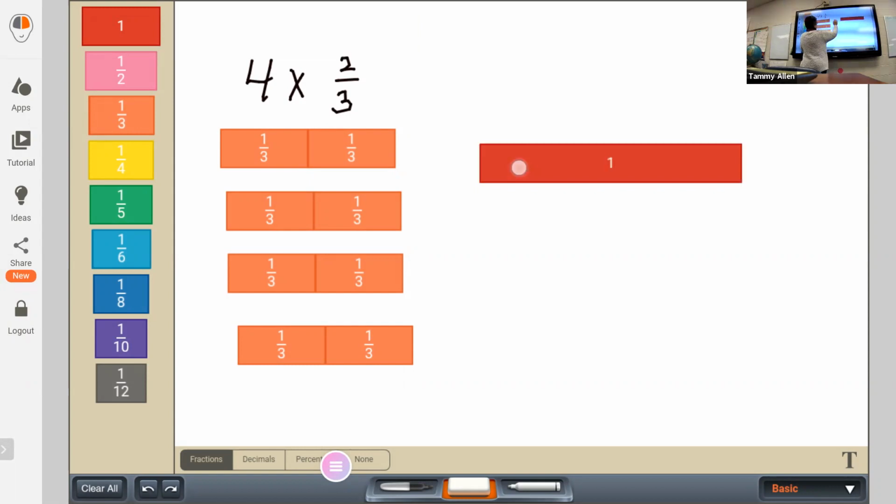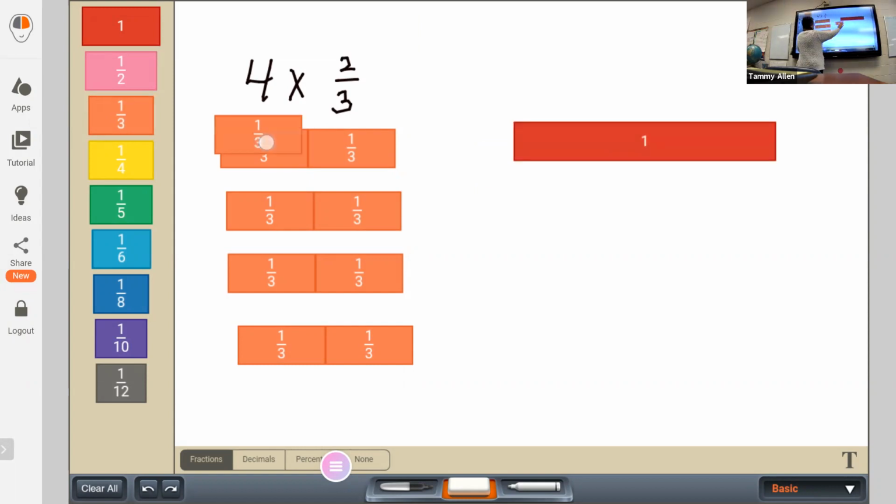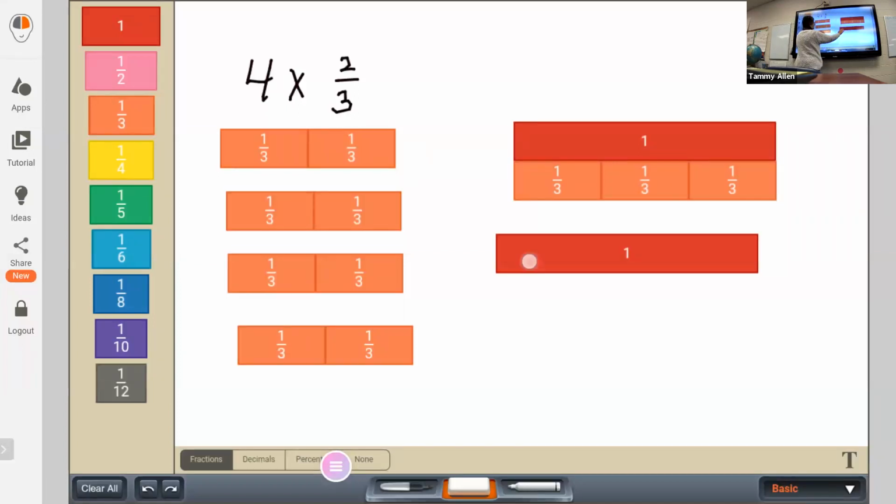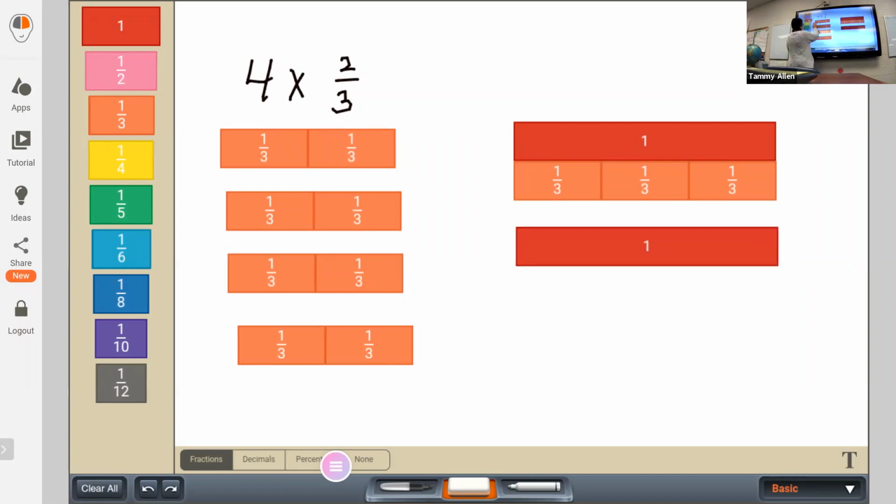And then we come over here. How many thirds are we going to put under there? 3 of them. Have we used up all of our thirds yet? No? How many thirds are we going to put under here?